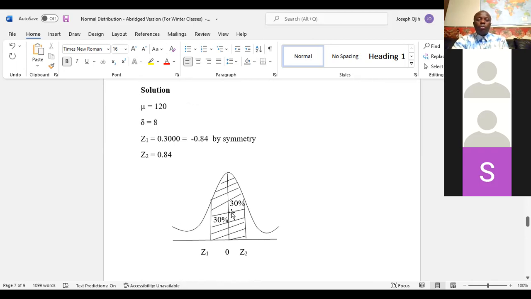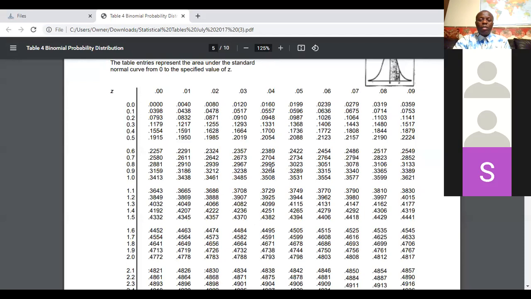So now you go to the table, 30% on both sides, 0.3000, right? So you look for 0.3000. We see only the numbers closest to it. There are 2 of them, 0.3023 and 0.2995.